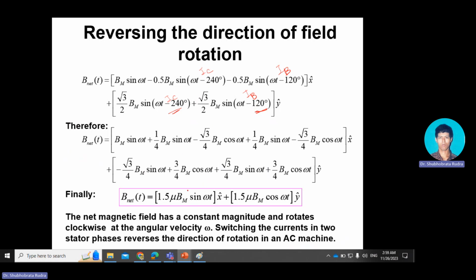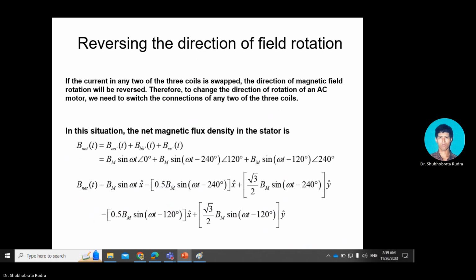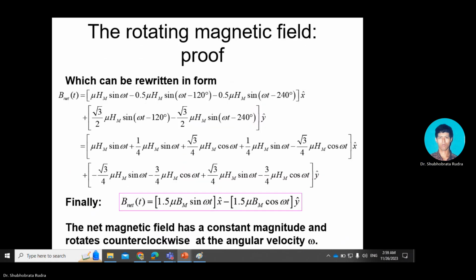What we have here is pretty interesting: 1.5 mu hm sine omega t x cap plus 1.5 mu bm cosine omega t y cap. So the net magnetic field has a constant magnitude and rotates clockwise at the angular velocity omega. Earlier, if you can recall, or let me take you there for better clarity, you have a minus sign, right? So it was rotating in the counterclockwise manner.